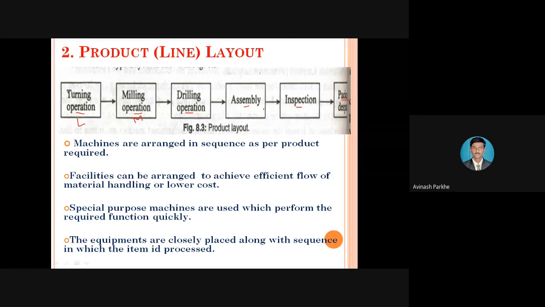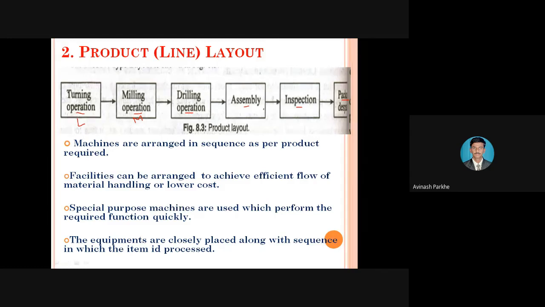But if I have to go for the modification, because if my type of product is modified, according to the requirement of that particular new product, I have to change the sequence of operation. If I change the sequence of operation, I have to change the sequence of those machines also.